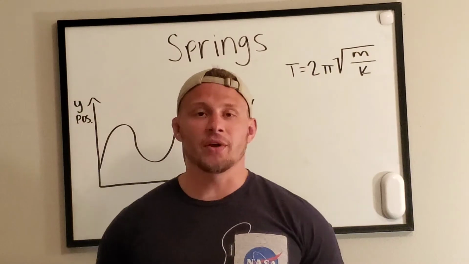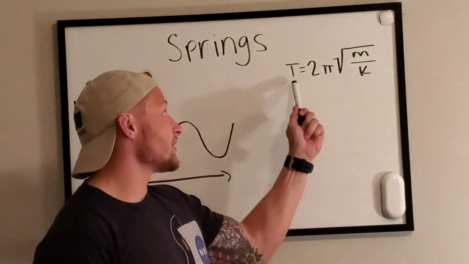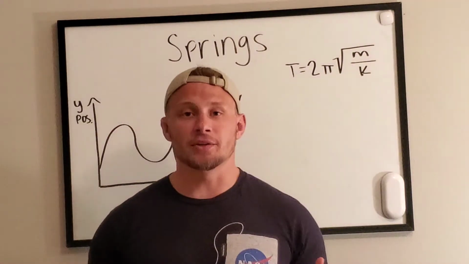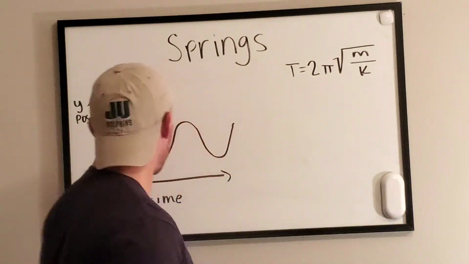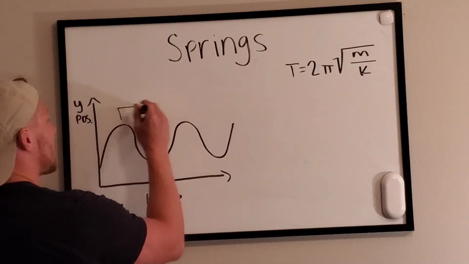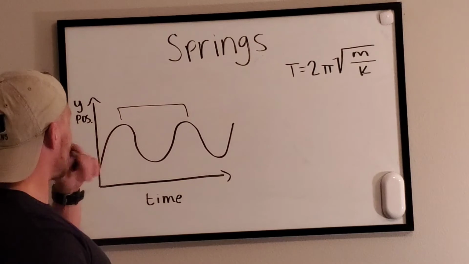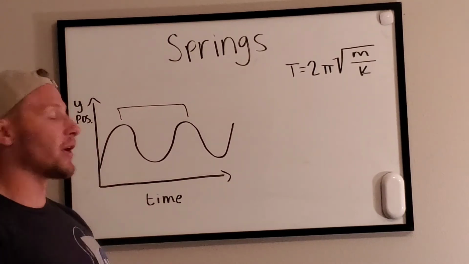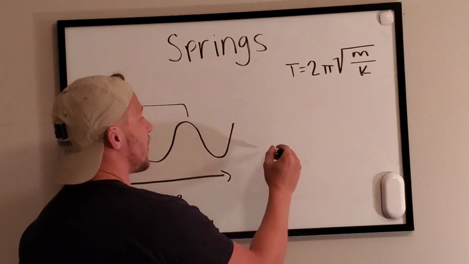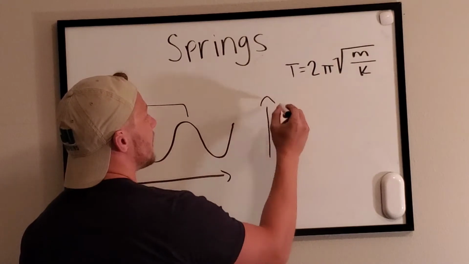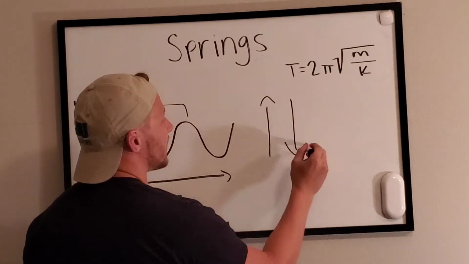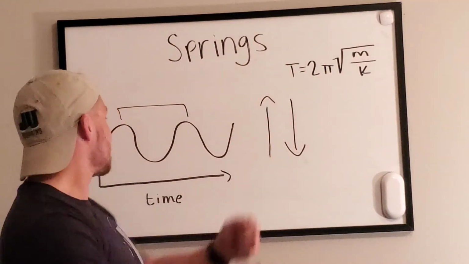Another important variable that we need to find is this T, which represents the time interval. The time interval I'm talking about is this time interval right here. So the peak on this position versus time graph as the spring oscillates up, and then when the spring oscillates back down, like this.